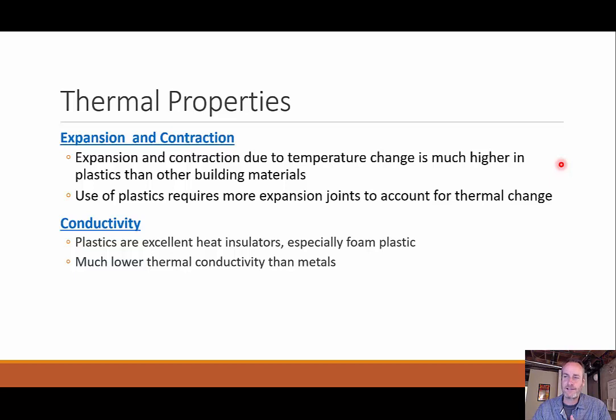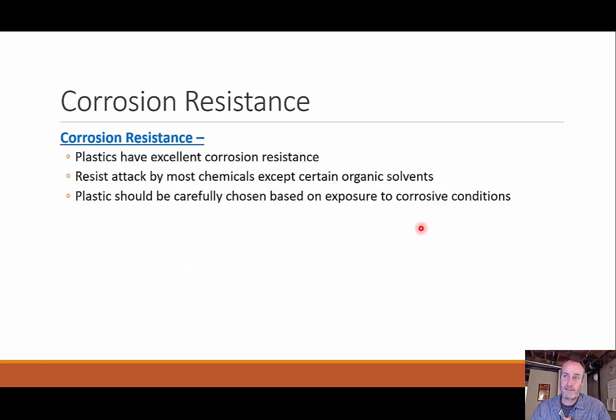Conductivity. Plastics are excellent heat insulators, especially foam plastic. We'll talk about this more in just a second with one of our uses for these plastics. But basically, it doesn't allow heat to conduct through it very easily. Much lower thermal conductivity than metals. Their corrosion resistance.